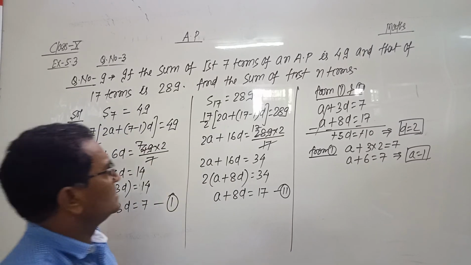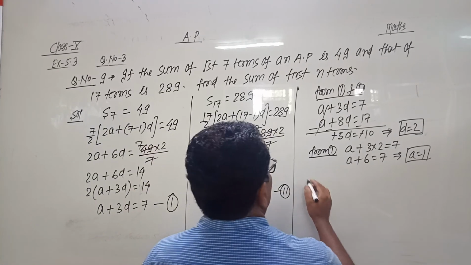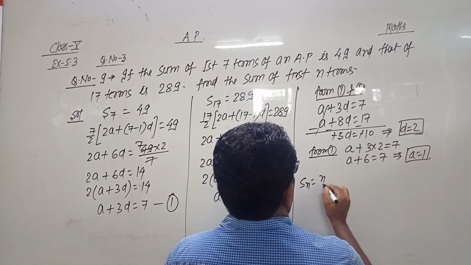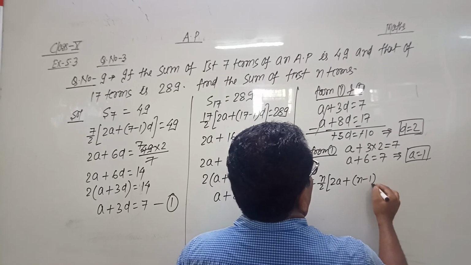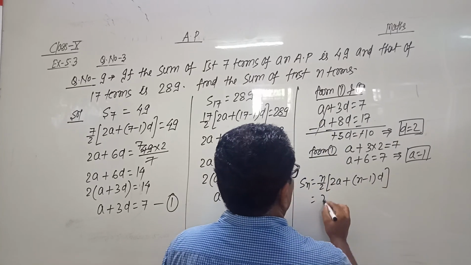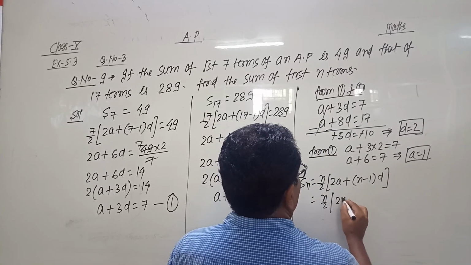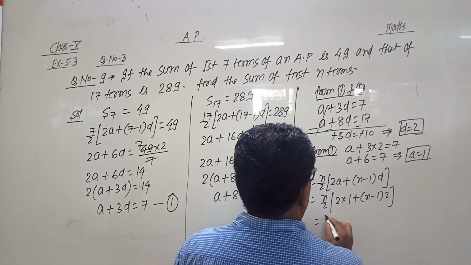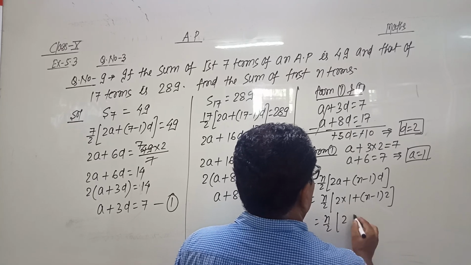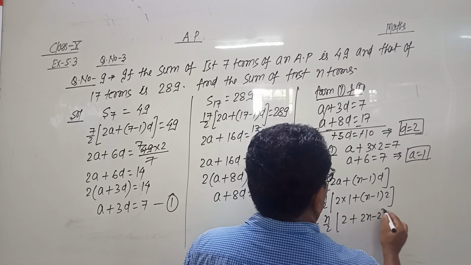We have to find the sum of first n terms. So Sn we have to calculate: n by 2, 2a plus n minus 1 into d. So n by 2, the value of a is 1, n minus 1, d is 2. So n by 2, 2 plus 2n minus 2.